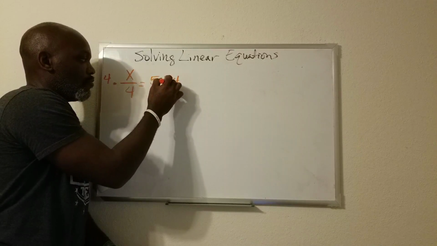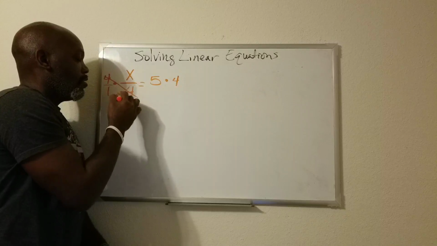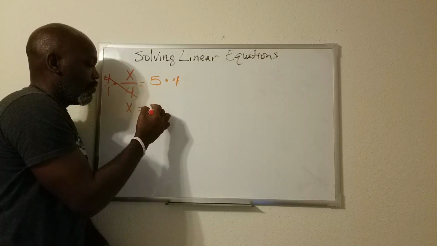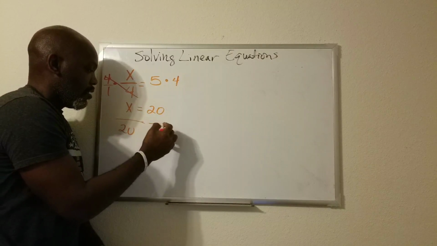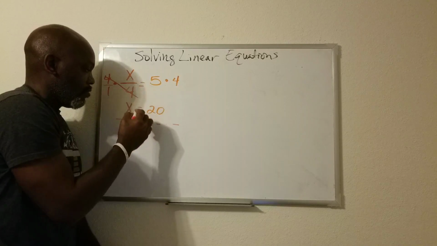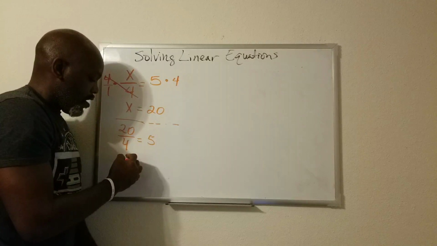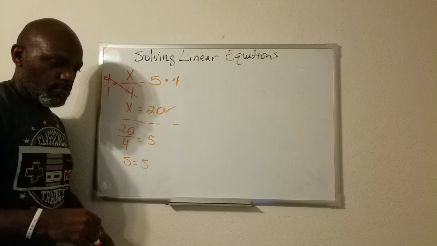That looks like a decimal, isn't it? Okay. So this reduces to be 1, right? And I'm left with x equals 20, and I check it by saying, well, I'm going to replace x with 20. 20 divided by 4 equals 5. 5 equals 5. So that is correct.